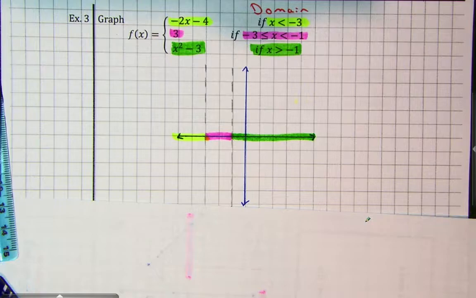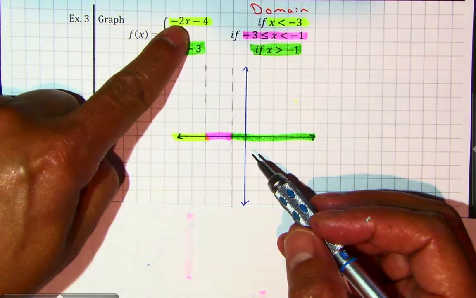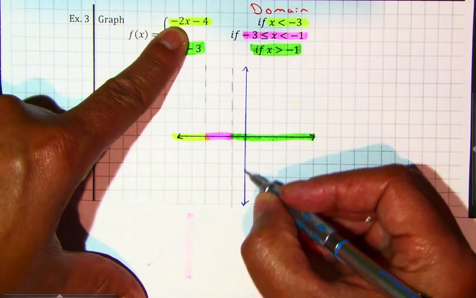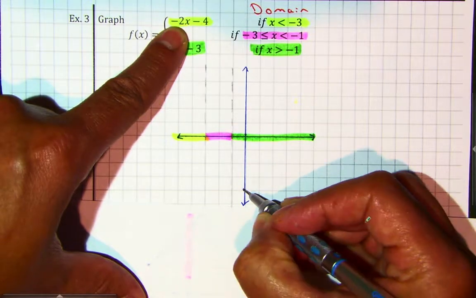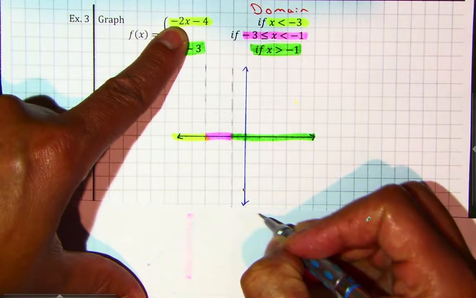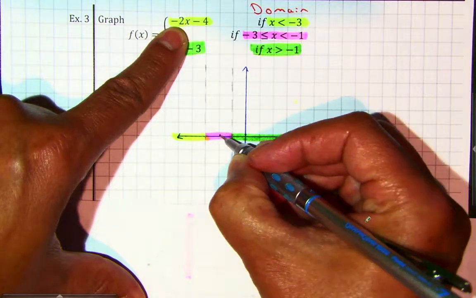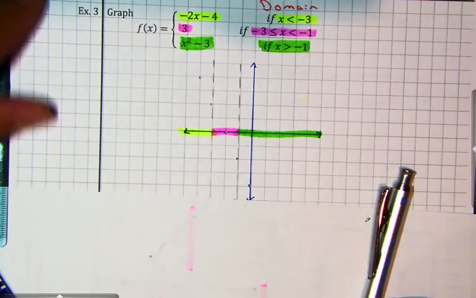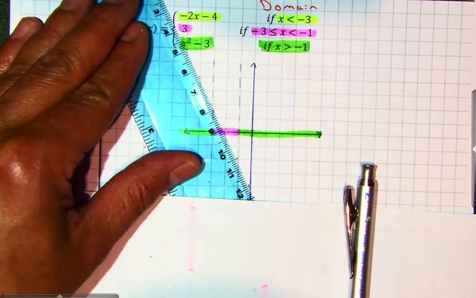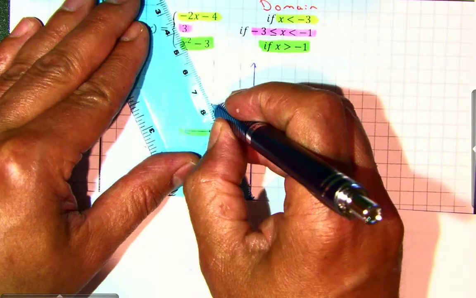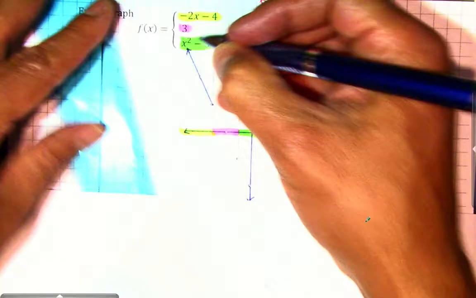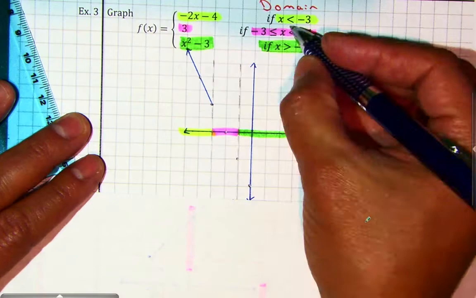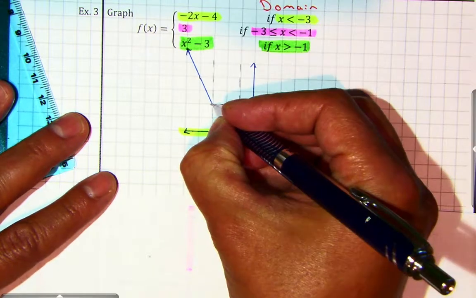Now I'm going to slightly sketch my first graph, and then I'll erase part of it. So we have -4. Then I'm going to go down 2 and over 1. I'm just going to keep this part of the graph. Now, -3 is going to be open, so that will be an open circle.